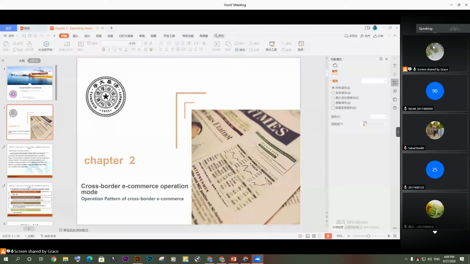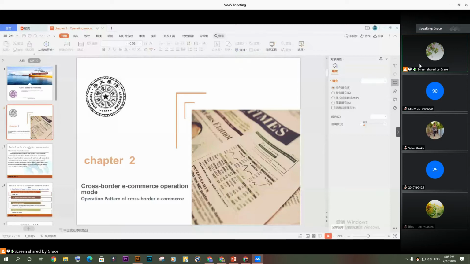Anybody can tell me what is e-commerce operation? Operation, if we just see it by short, that is management. So the cross-border e-commerce operation means how to plan, how to manage, how to organize, how to control, how to marketing in cross-border e-commerce.